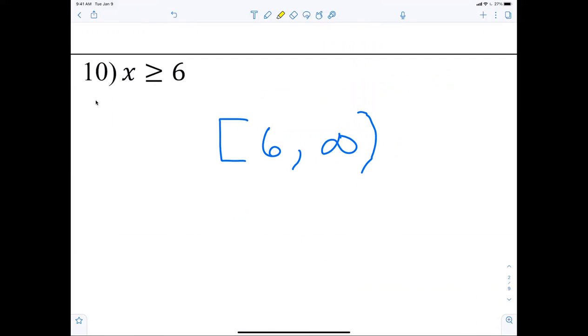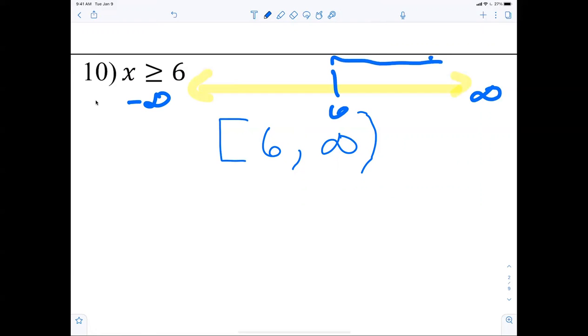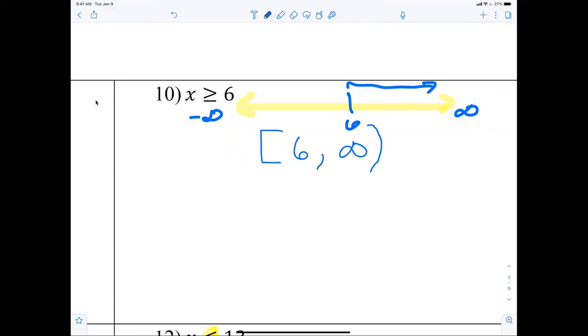Remember, you're always reading numbers from left to right. So over here is negative infinity, here is infinity, here is 6. We're starting at 6 and going to infinity. Right, brackets are never on infinity.